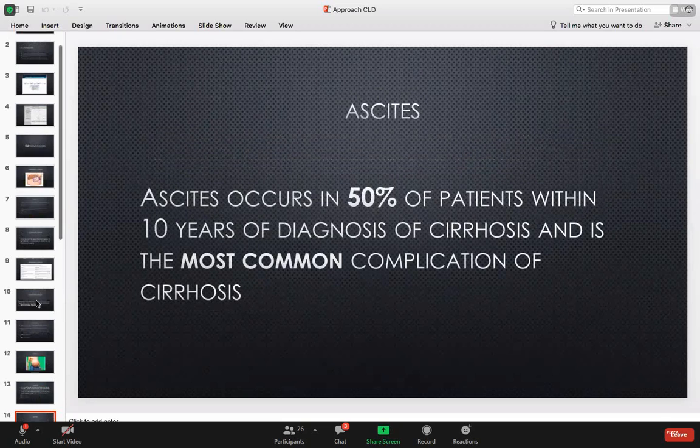Okay. So this patient has, yes, infection. Good, good. So when you have an infection in the ascites, what do we call that?